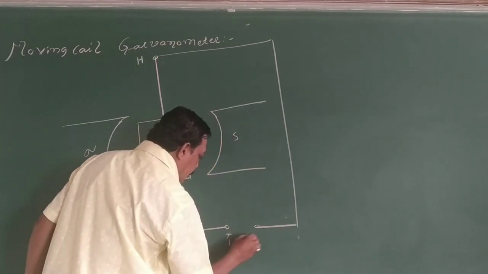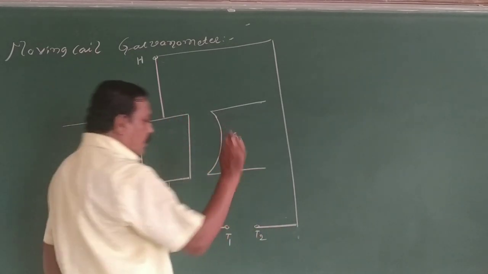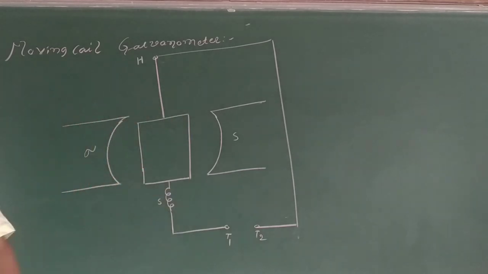I call this T1 and this T2, so that you give the battery connection and pass the current through the coil.